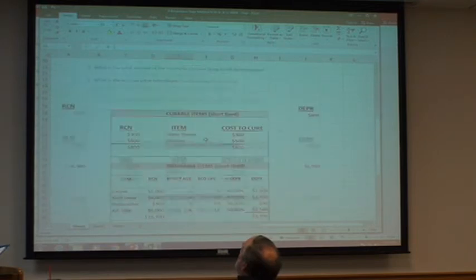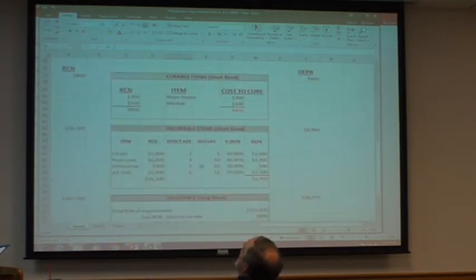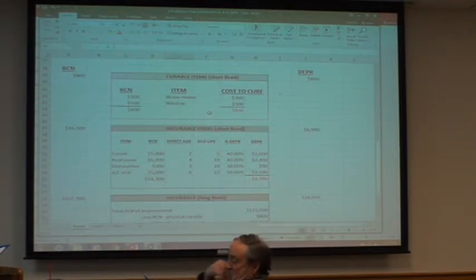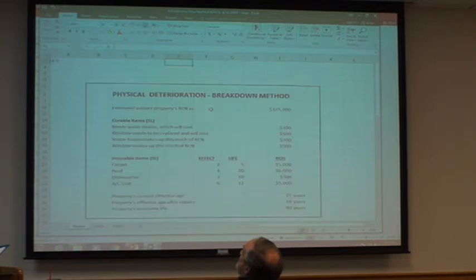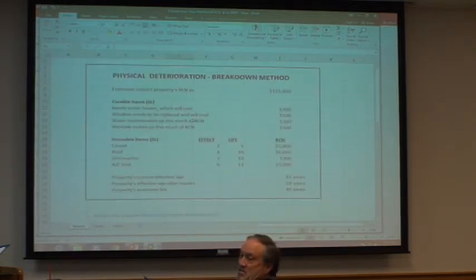I'm going to slide down to the answer side. Here we go. This is more clearly defined. Water heater RCN is 3, cost to cure is 3. Window is 5. Window is 5. So our curable short-lived then is going to be what? $800. I just worded it differently up here for thinking's sake, okay?